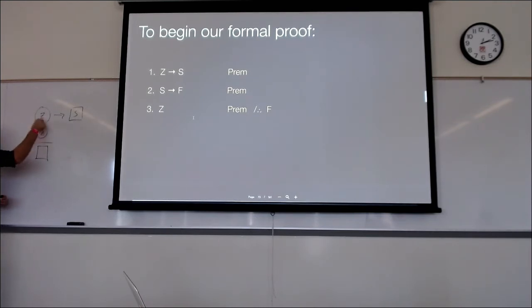So if you have circle, arrow, square, and circle, which you do, you can derive square. And what's square? S. So that means on line 4, you can put down S.